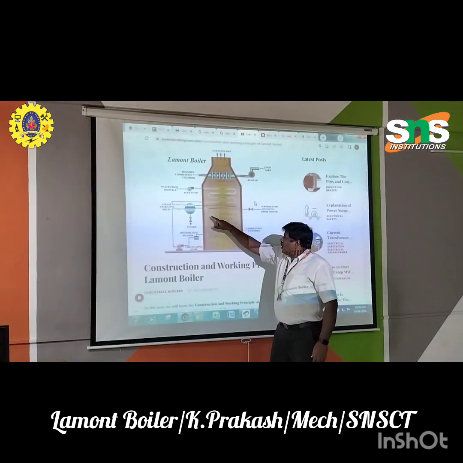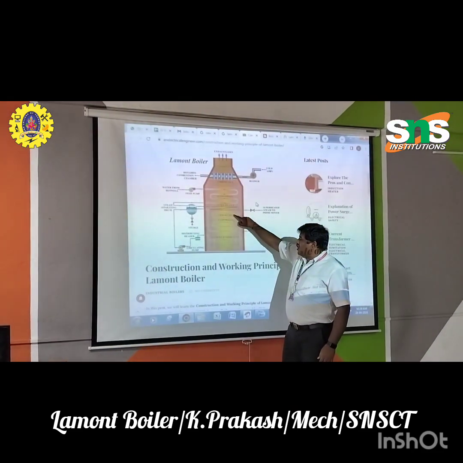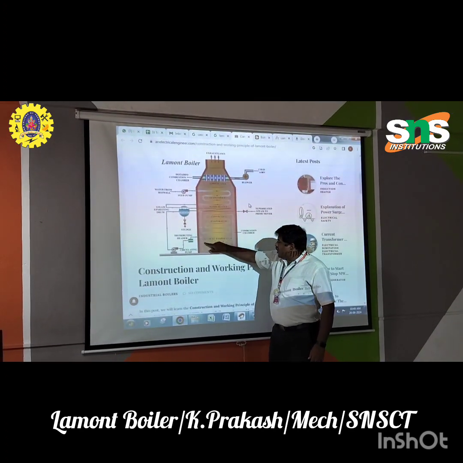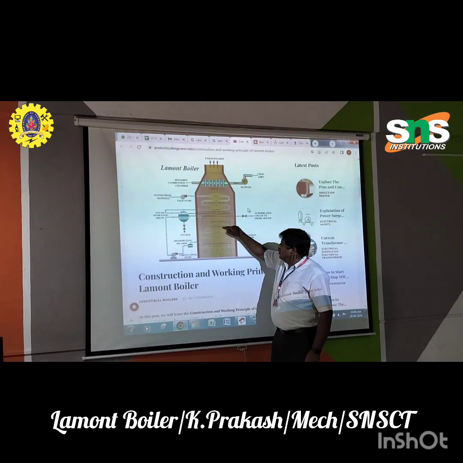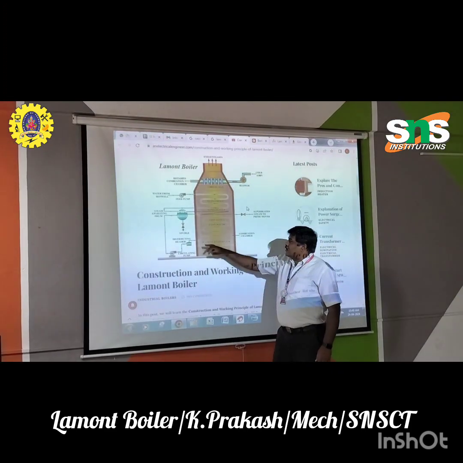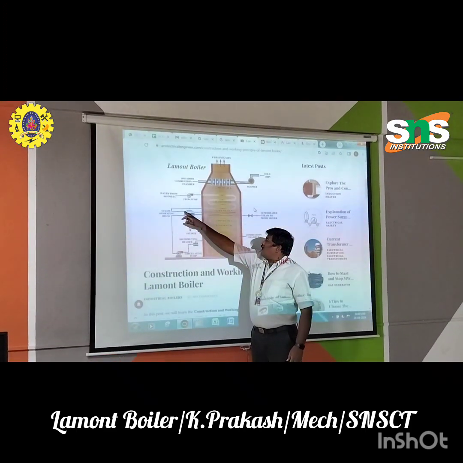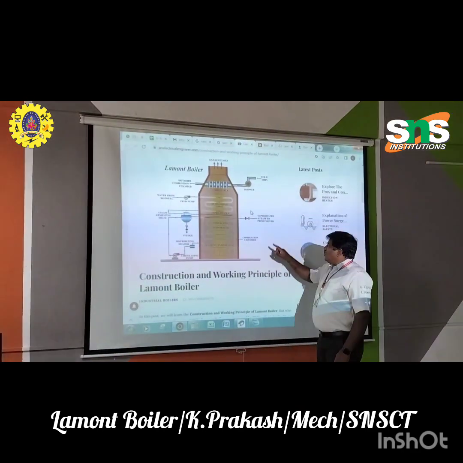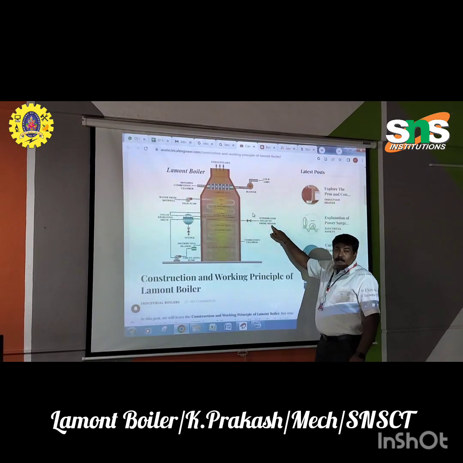Here heating takes place. Only the water is getting heated and then it is coming here. Now steam is separated here and then the steam is taken away. This is the superheated steam going to the prime mover.